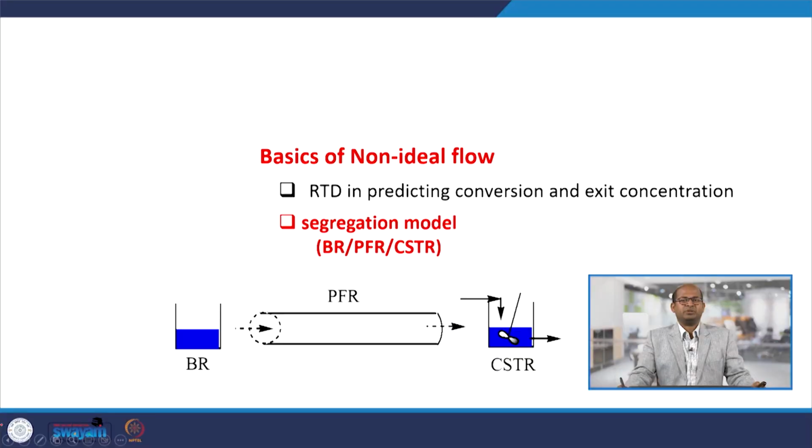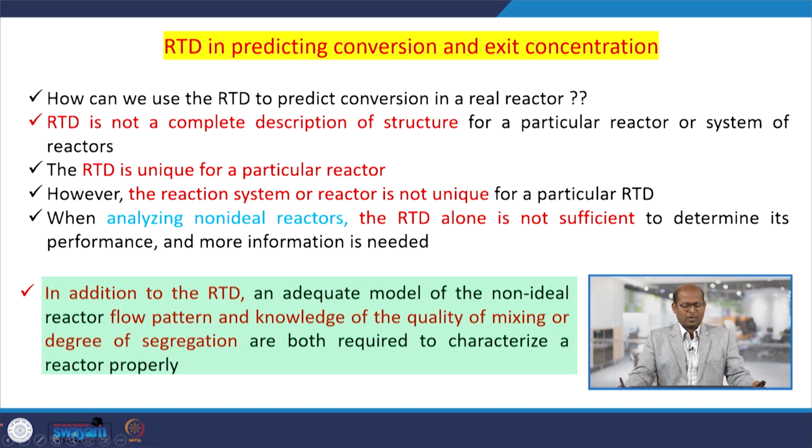Now, with the help of RTD, the residence time distribution function for any reactor, how can we predict the conversions and exit concentrations? In the segregation model, the RTD we have measured for a particular reactor is not the complete description of the structure of that reactor or system for finding conversions or exit concentrations. The RTD is unique for a particular reactor, but the reactor is not unique for a particular RTD.